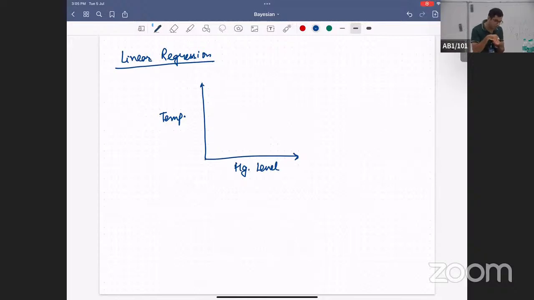So if your temperature is 101.16, will it be given as 101.2 or 101.1? Probably 101.2, right? So let's assume that we have some data like this, where there is a relationship between temperature and the mercury level. So we have some readings like this, right? So why do you think there is some scatter in the data? Why are they not along a perfectly straight line?